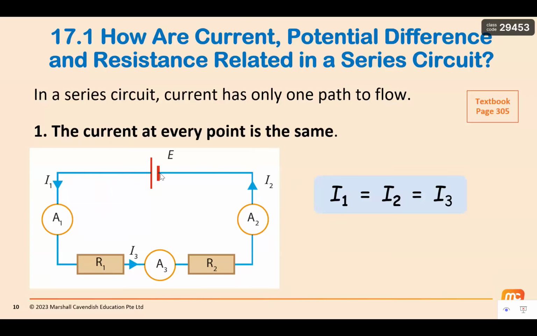There's only one path for the charges to move, and the charges do not get used up. So the current at any point in a series circuit will be the same. So we have A1 equals A3 equals A2. If I have 3 ampere flowing out, I will have 3 ampere flowing through here and 3 ampere through here. At any point in the circuit, it will be 3 ampere.